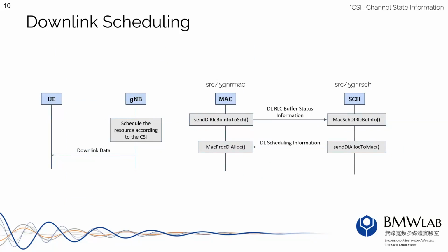And for the OSC MAC and scheduler part, the MAC layer will get the data from the RLC layer, then transmit it to the scheduler, which is called the downlink RLC buffer status information. Then the scheduler will allocate the resource for the downlink data. And this is the downlink scheduling. It is much easier than the uplink scheduling.